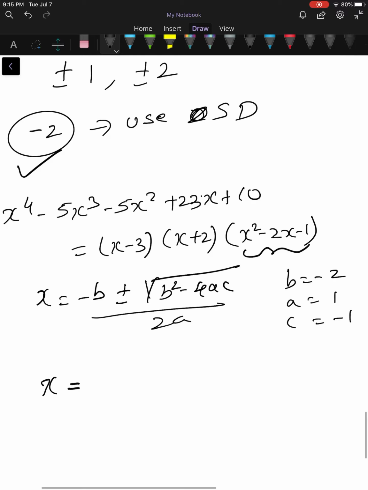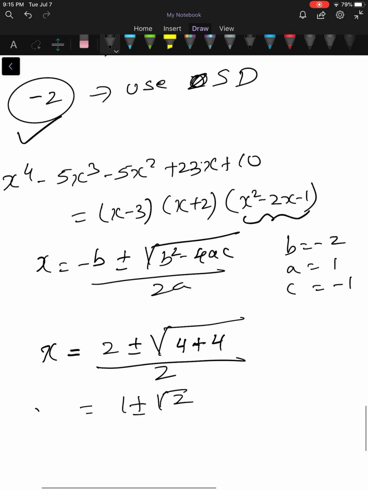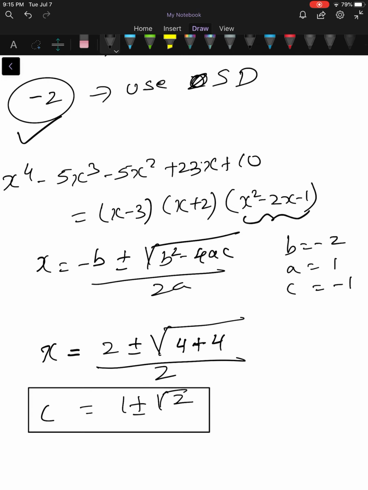If you use that, you will get x is equal to 2 plus or minus square root of -2 the whole square, which is 4, minus 4 times 1 times -1, which is plus 4, divided by 2. So this would give us 1 plus or minus square root of 2, which is again a root.